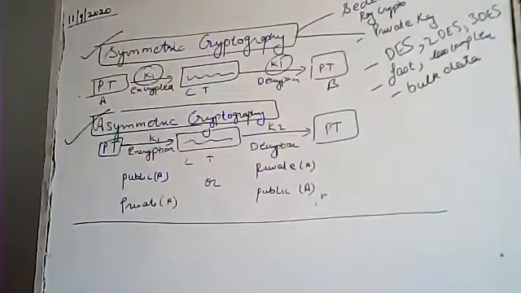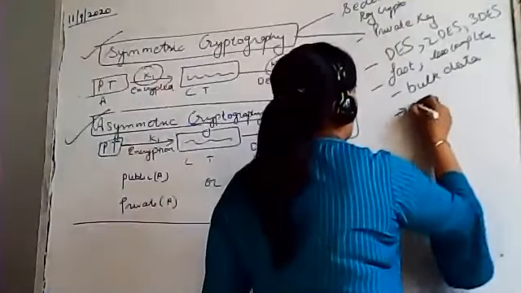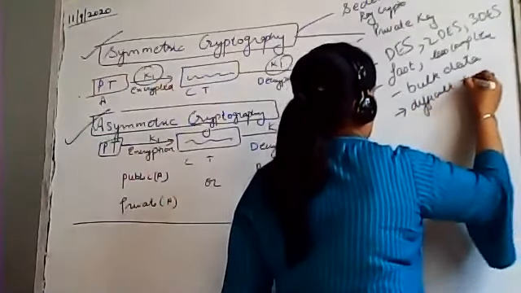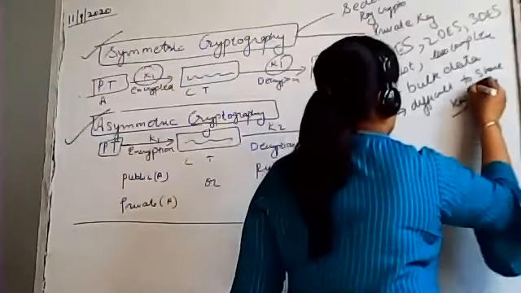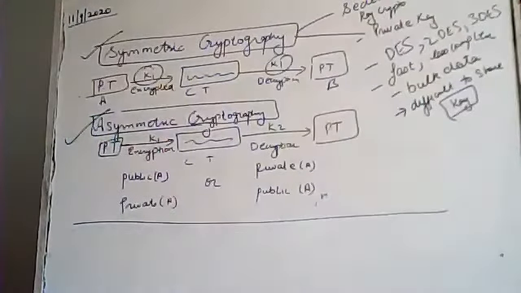But there is one difficulty: it is difficult to share the key, because we have a single key only, so we need to protect that key. We also need to protect it from intruders, and it should not be shared with anyone, because it can be used either for encryption or for decryption.